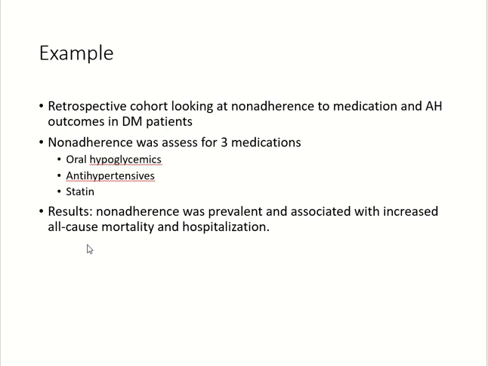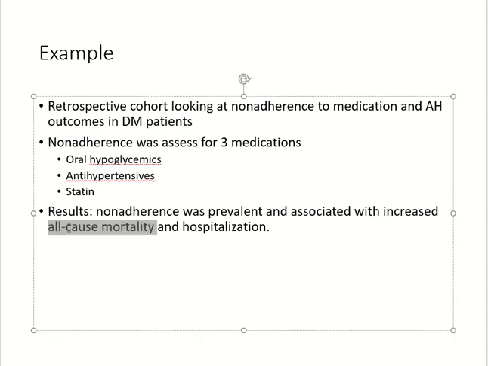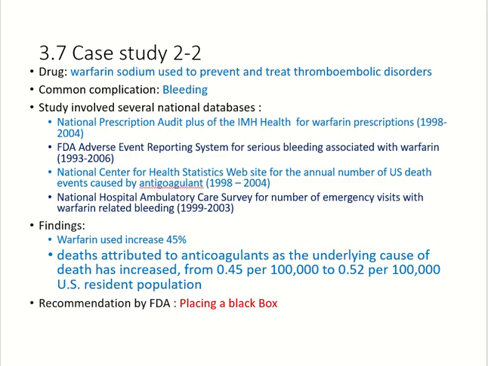The results: non-adherence was prevalent and associated with increased all-cause mortality and hospitalization. So here you can see how all-cause mortality was tied to an exposure, which is non-adherence. And since we are looking at all-cause mortality, you don't worry too much about misclassification, but you worry about whether they are really dying from this, or are they dying from something else?